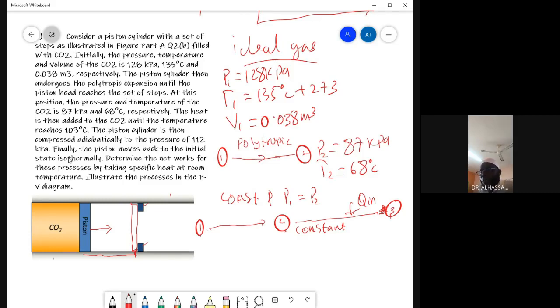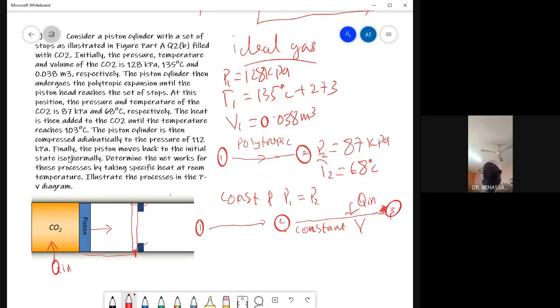Now, at this state, more heat is added, Q in. So the moment you give more heat to it, the piston will try to push up, but it can no longer go. You understand me? So it is a constant volume. Between state 2 and state 3, this is a constant volume process. You understand? It's a constant volume process.